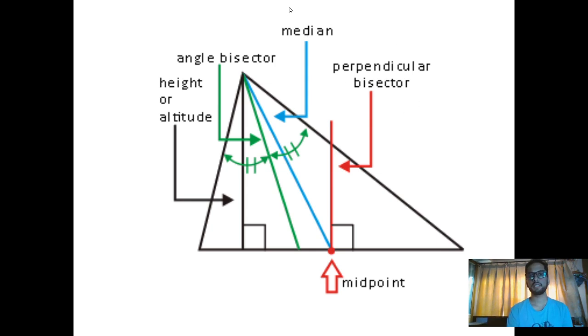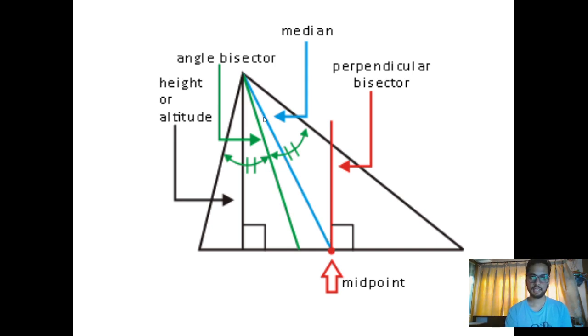Now, what is a median? A median is the line which goes from the midpoint, as in the case of the perpendicular bisector, but it may or may not be perpendicular to the base. If it is perpendicular to the base, then we will form an equilateral triangle or isosceles triangle.